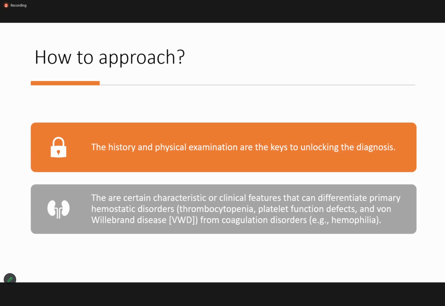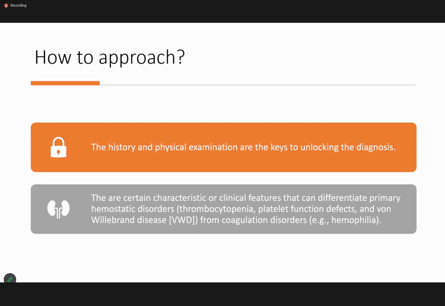Basically, how do we approach this kind of problem? To approach and manage this kind of patient, you need a history and physical examination. History and physical examination are the key to unlocking the diagnosis.